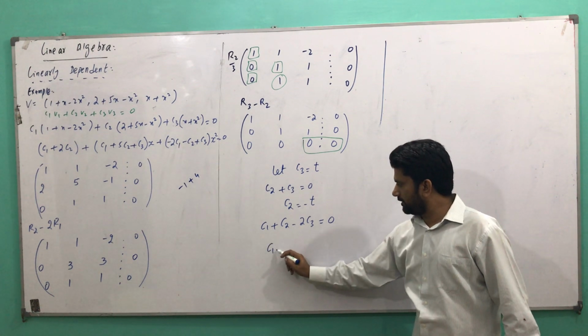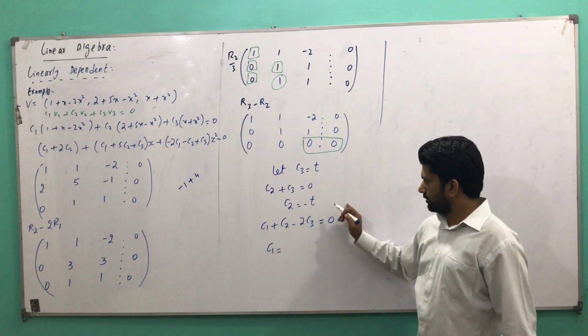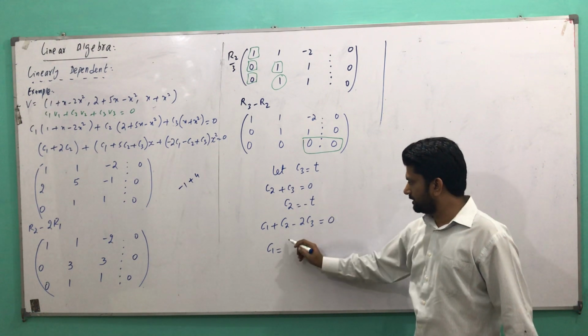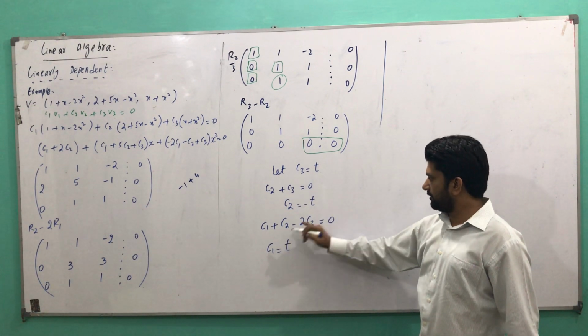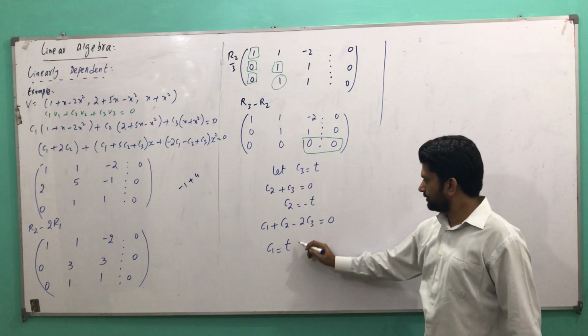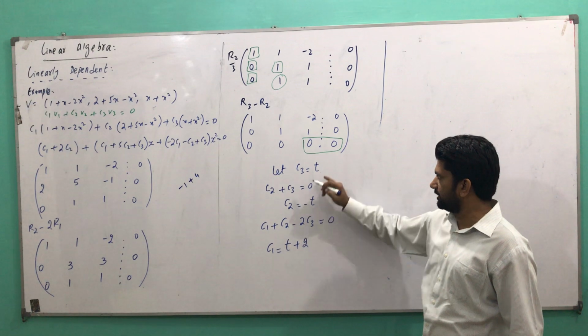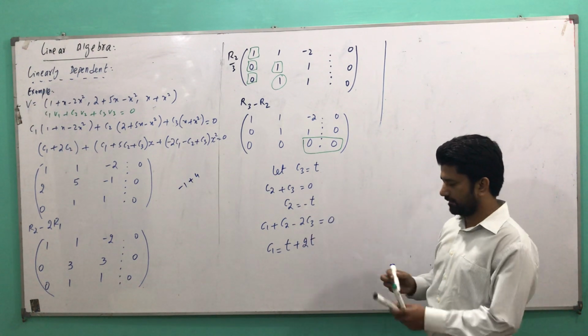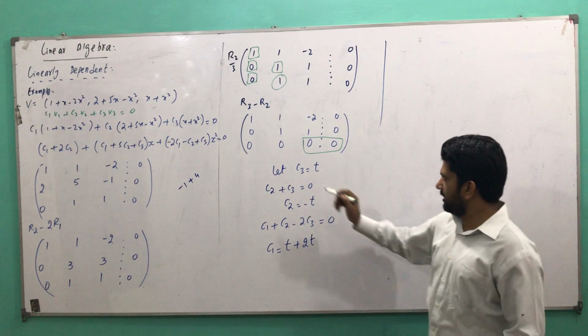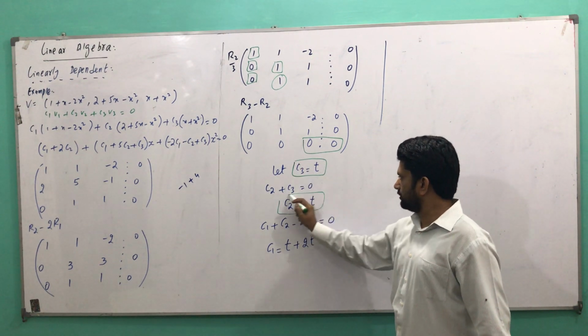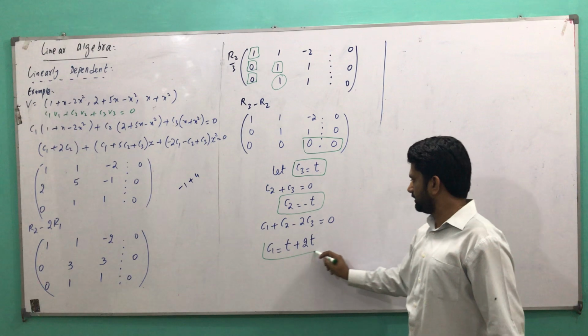So c1 will be, c2 goes to the right hand side, minus c2 which is plus t, plus 2 times c3, which is 2t, so c1 is 3t. Now you have the c3 answer, this is c2, and this is c1.